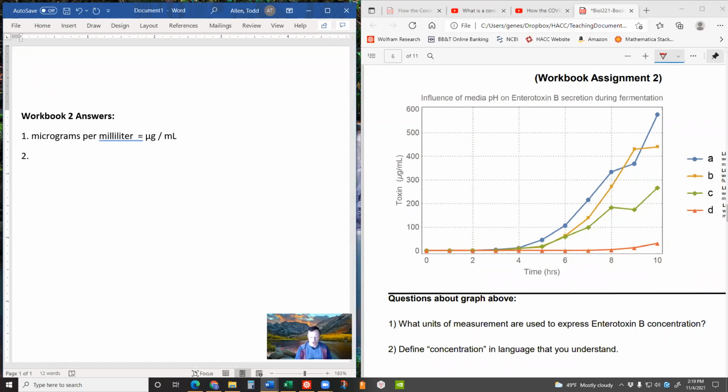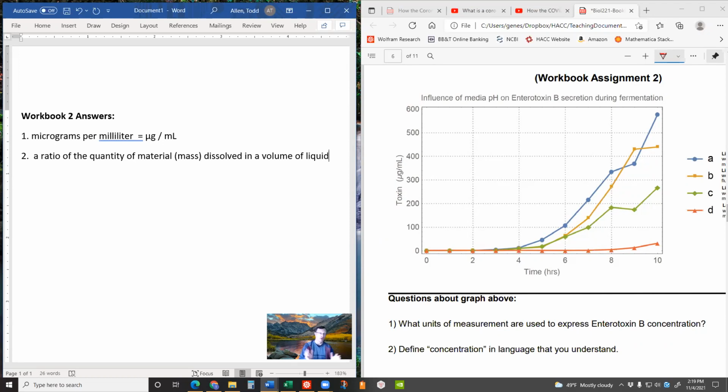All right. Question 2, define concentration in language that you understand. Obviously, your language would probably be a bit different from my language, but the basic idea is something like this. So concentration is a ratio of the quantity of material, which we expressed as a mass unit, dissolved in a volume of liquid.